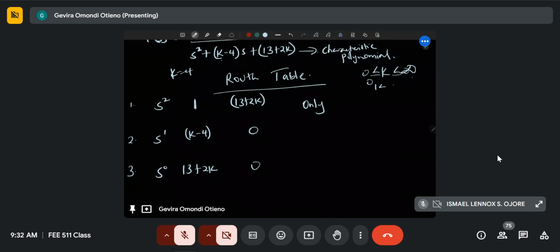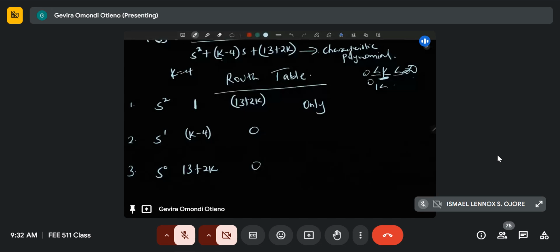Then number 3, you look at the row and see what value of k I can substitute to make the entire row go to 0. You will find that you cannot substitute any value of k here to make the entire row go to 0, because the smallest value you can substitute for k is 0.